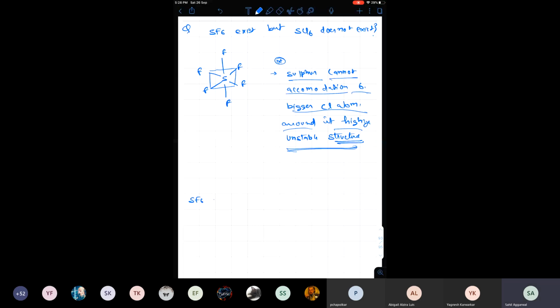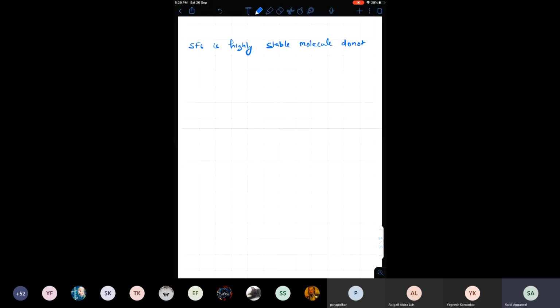SF6 is a highly stable molecule. Does not undergo any chemical reaction. This can be the statement.